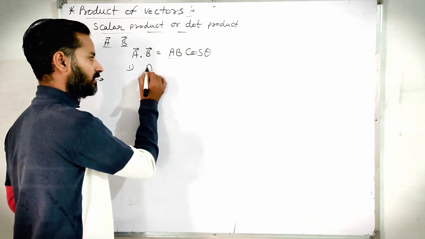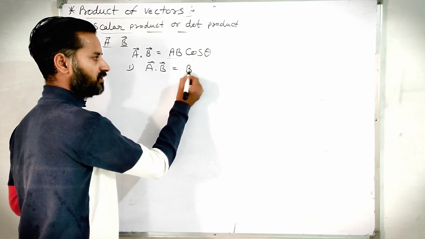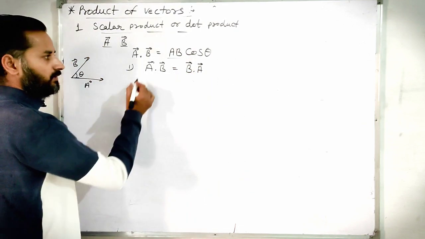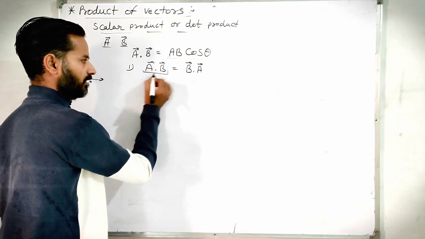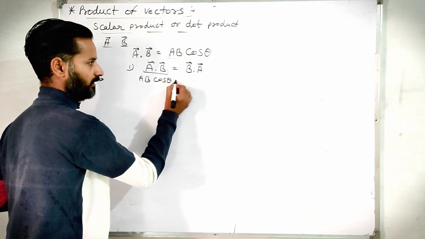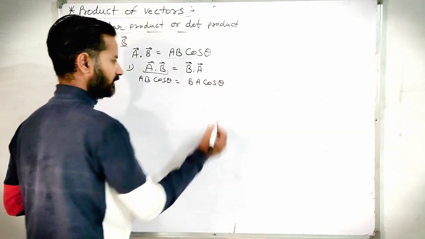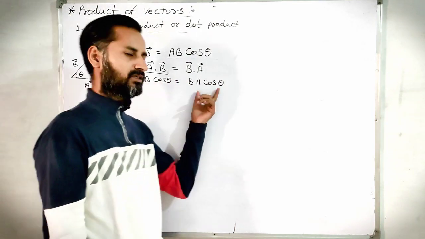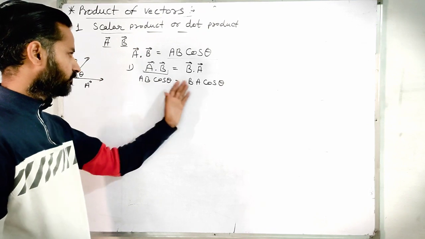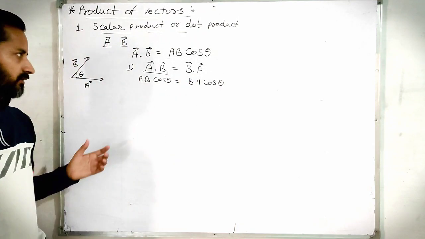It means A dot B will be equal to B dot A. It means A dot B will be given by AB cos theta and B dot A will be given by BA cos theta. Since this is a scalar quantity, if we change the sequence of A and B, there will be no effect.